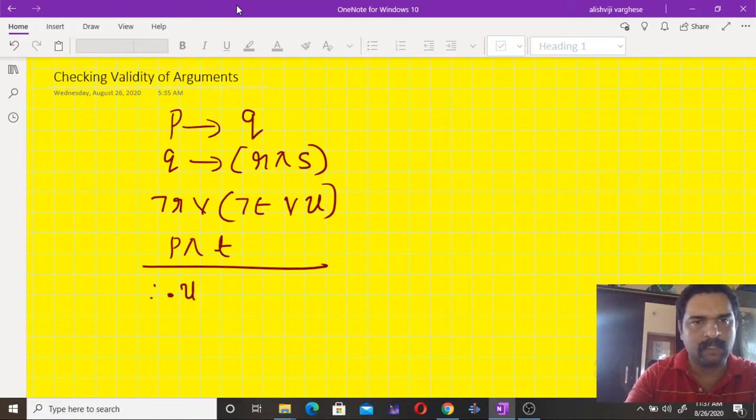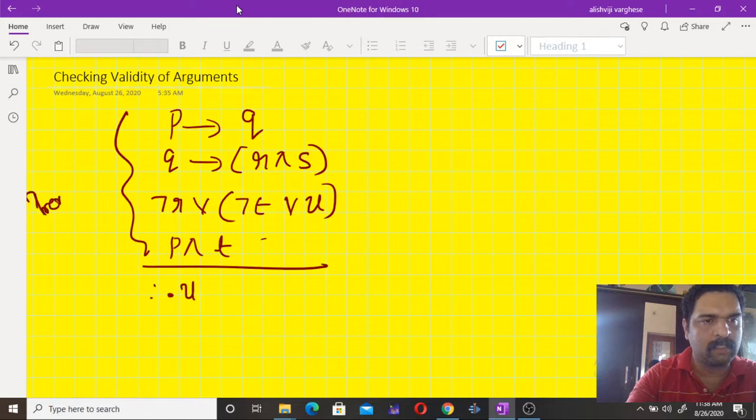Here we have a number of premises. Here P, Q, R, S are primitive statements, and we have the premises: P implies Q, Q implies R and S, negation R or negation T or U, and P and T. These are the premises, and we have the conclusion.